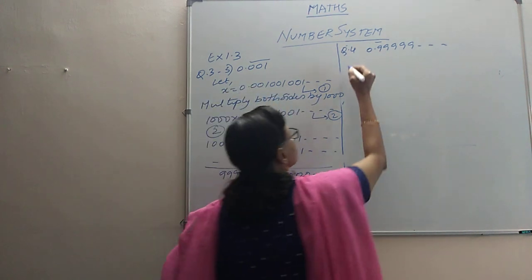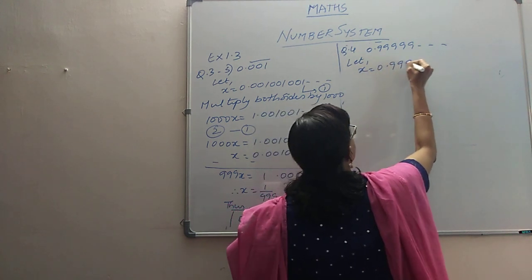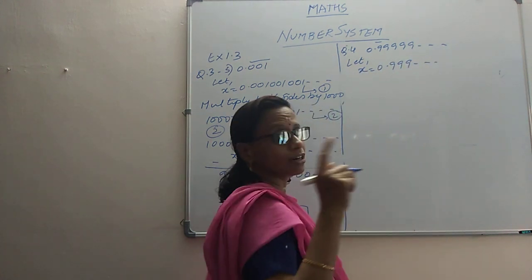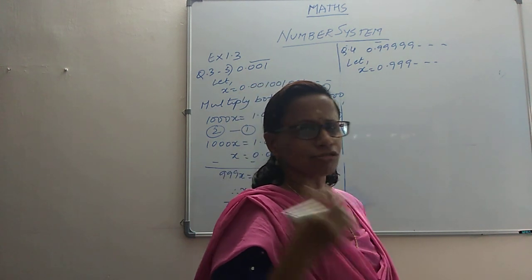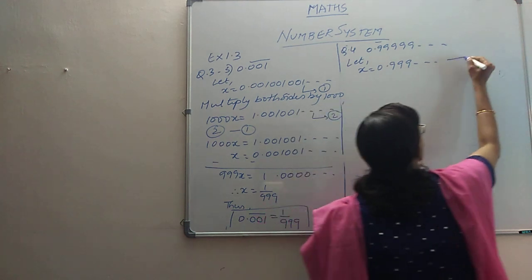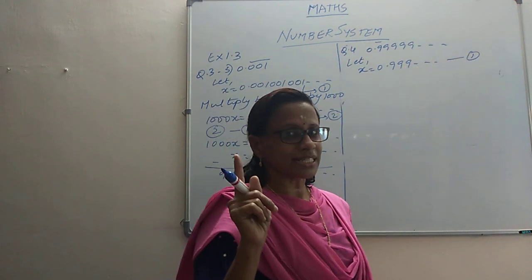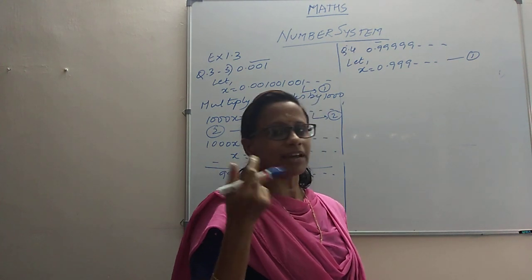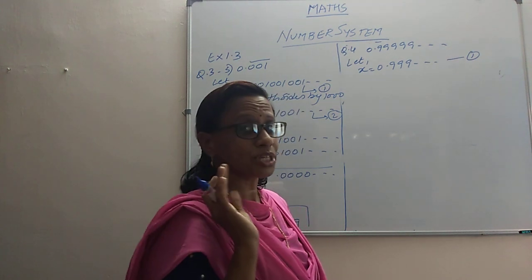As we have learned before, let's call this x, 0.99999, and we have the decimal part full of recurring digits, so right away we can call this equation 1. The decimal part has only the recurring digit 9, only one digit is recurring, so obviously our next step is to multiply 10 on both sides so that we can get equation 2.